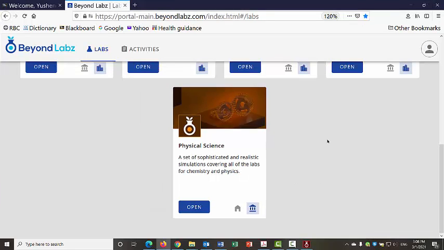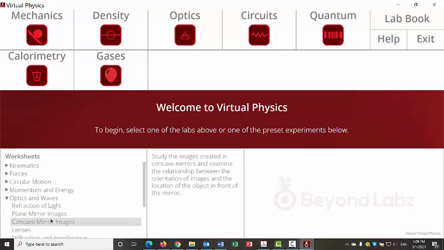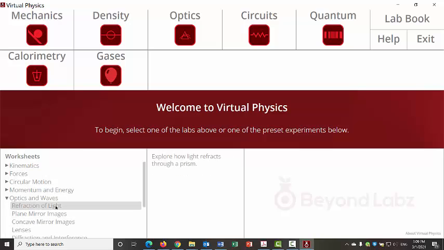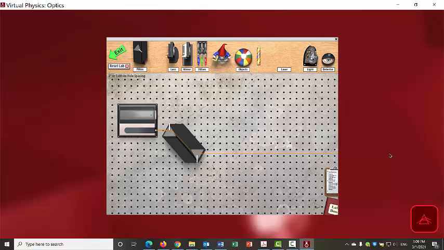It takes maybe 10 seconds to load. When you open the worksheets, find the lab under optical waves. That's the refraction of light. Once you click that button, you will get to this lab bench.